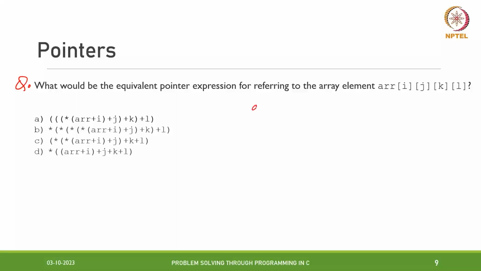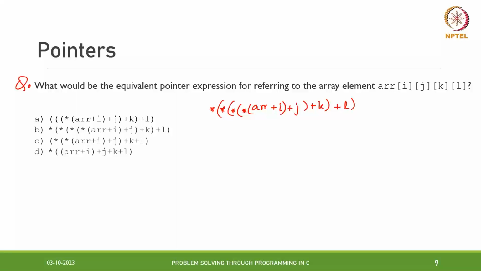So right. Like I said, let's start from the innermost dimension, then keep on adding dimensions. So we put a star here, add dimension, put a star, add dimension, put a star, add dimension, put a star.